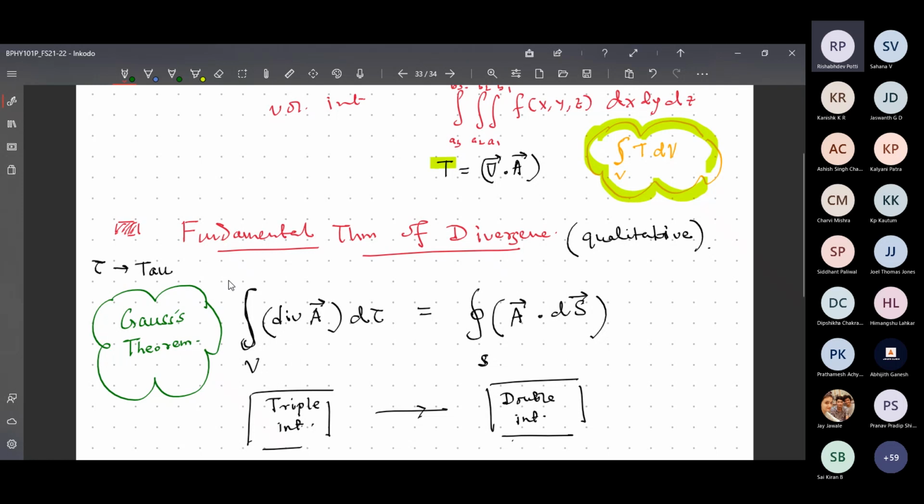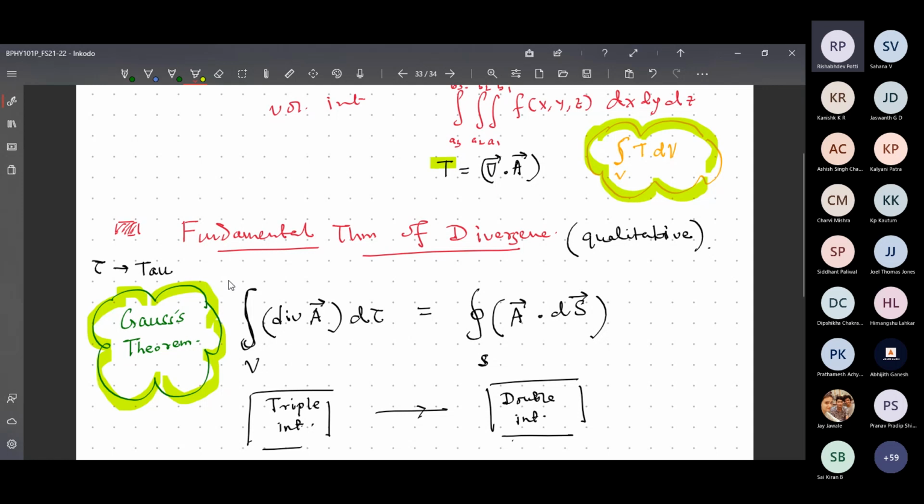Many times they call it the divergence theorem also. So please note it down. This is called Gauss's theorem, and this is also called the divergence theorem. You will see exactly why I call this Gauss's theorem, because you have a notion of Gauss's theorem from your school days, where you read it in electrostatics. You will see it soon.